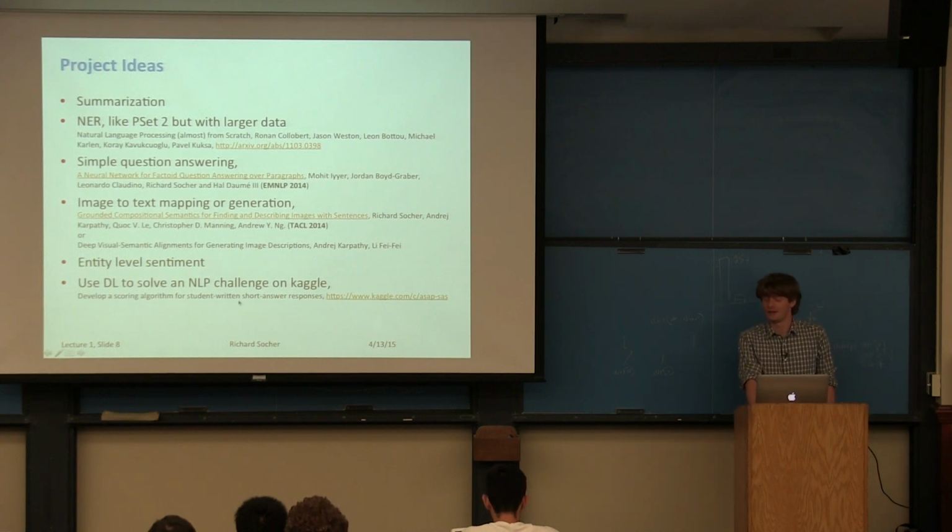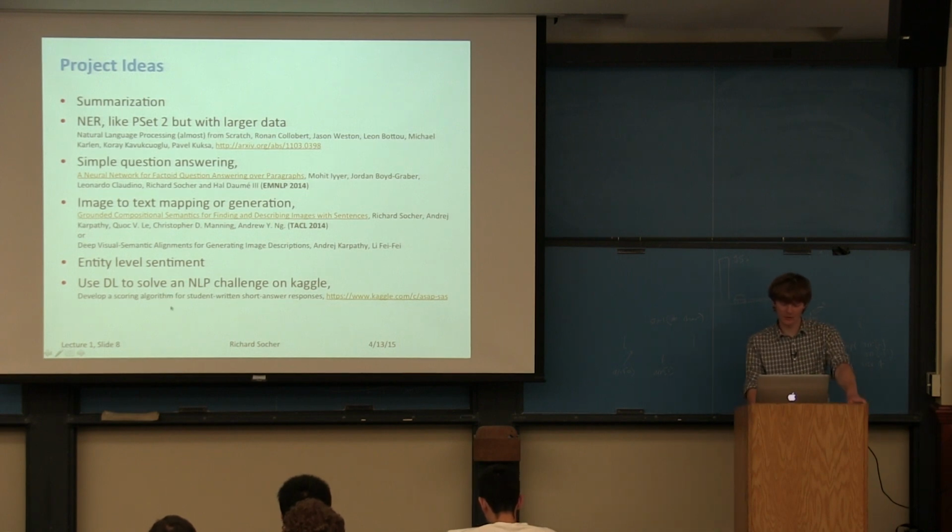One fun thing that you could also do is to actually go on Kaggle. This is a machine learning competition website that actually still has a couple of old competitions up. So one example, for instance, is a scoring algorithm for student-written short answer responses.